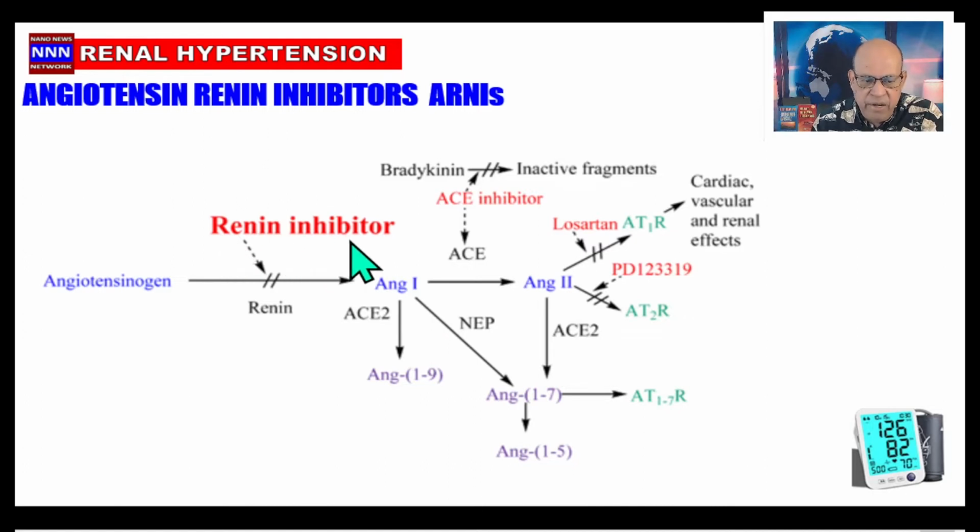The renin inhibitors block the conversion of angiotensinogen into angiotensin 1, and that prevents any further cascading effect leading to angiotensin 2, which is the most potent vasoconstrictor, as I have mentioned several times.